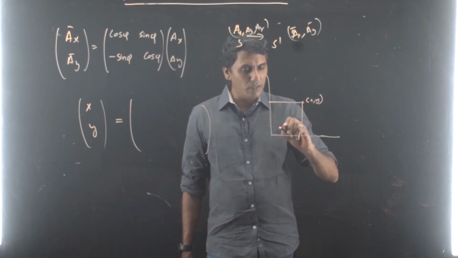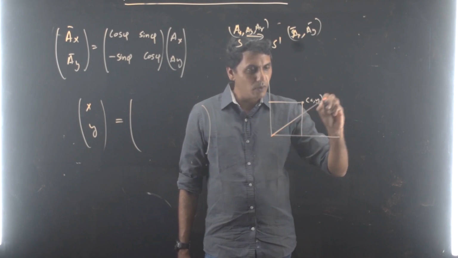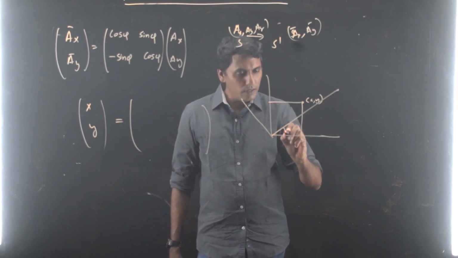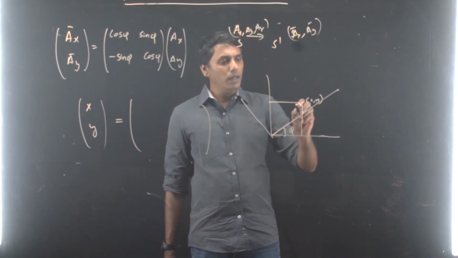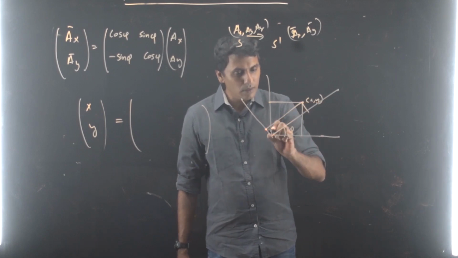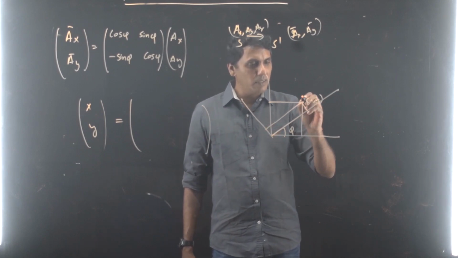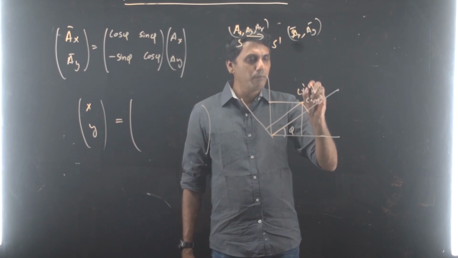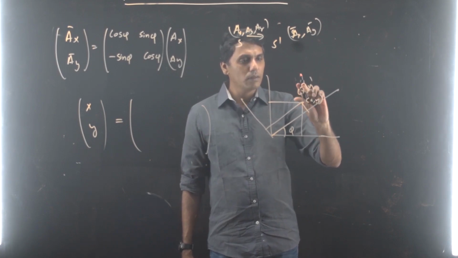Suppose you have the same point in the other coordinate system, and this angle is phi, so you have x bar and y bar.